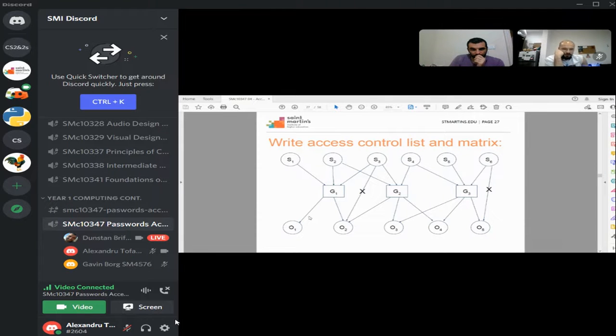Object 4. Subject 2. Project 4, 4, 5, 6.